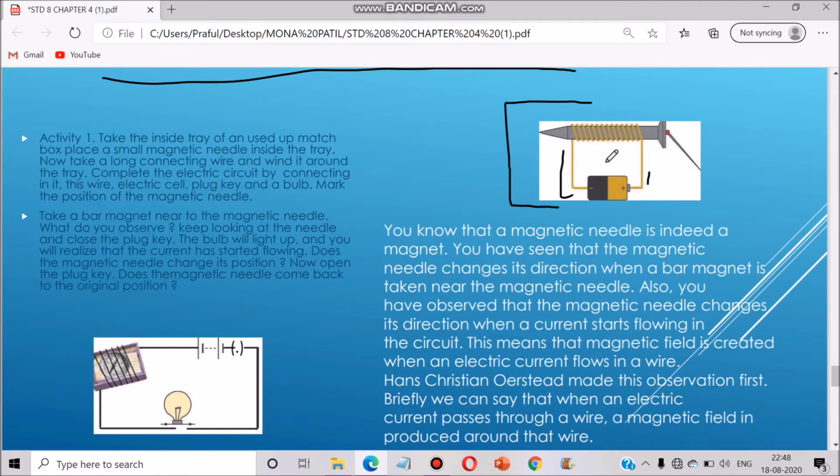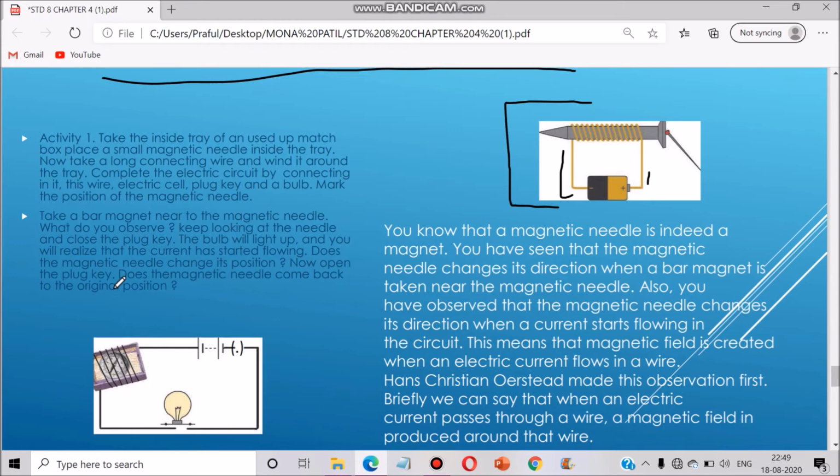After the circuit is completed, you will see iron nails stick to this big screw. Why do they stick? Because some force is exerted that makes these pins attract. So this activity is here, you can do it.